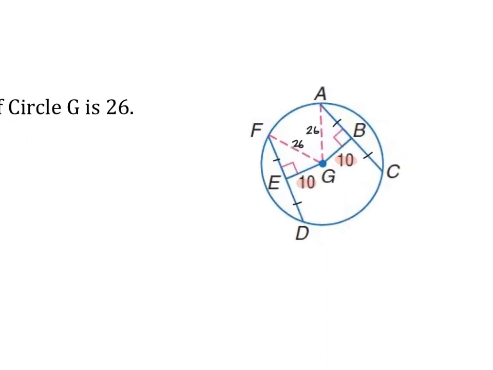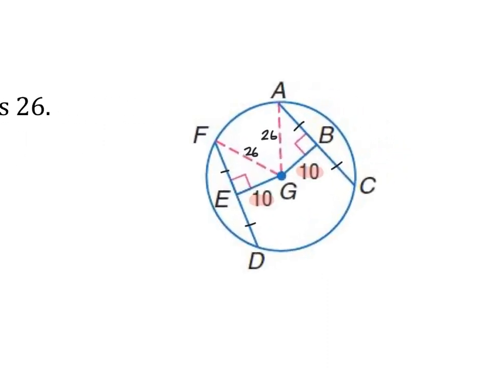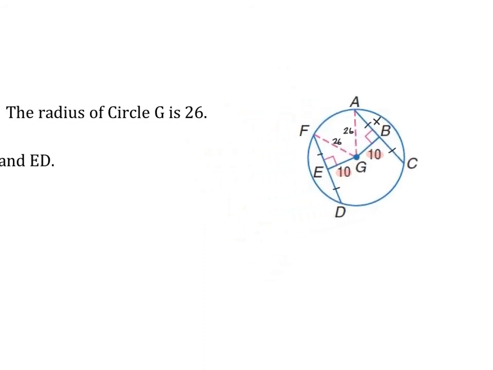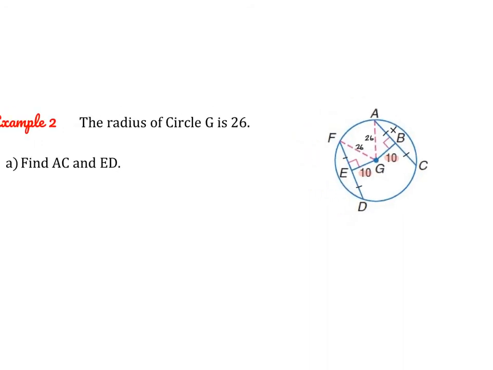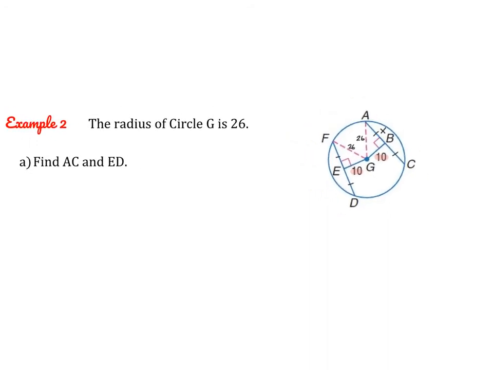So we're going to start by finding one of these shorter values. We'll call this X. So we have a right triangle again. I'll zoom out, and I'm going to redraw my triangle. Here's my right angle. So this is X, this is 10, and this is 26, so we can use Pythagorean theorem again.